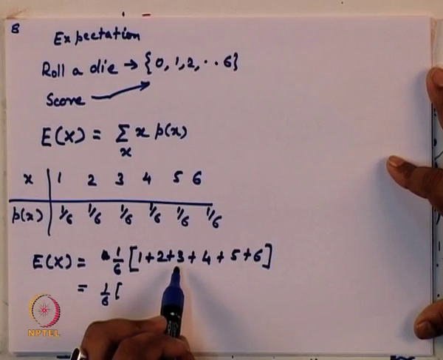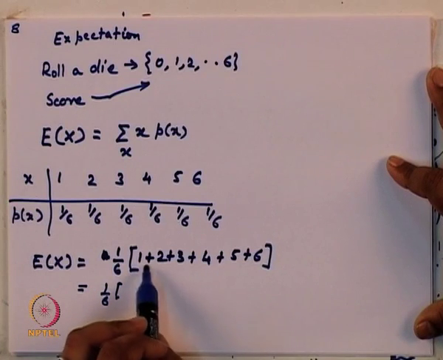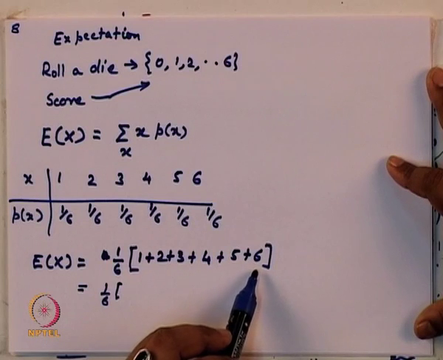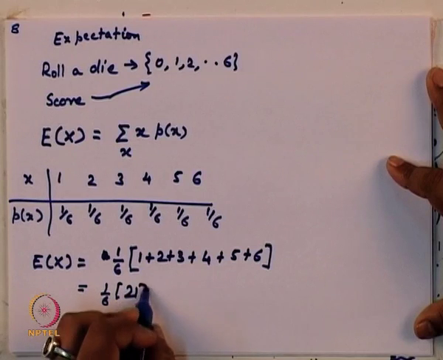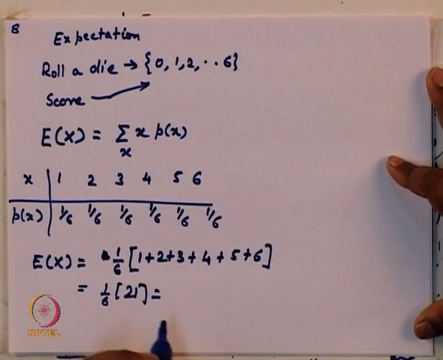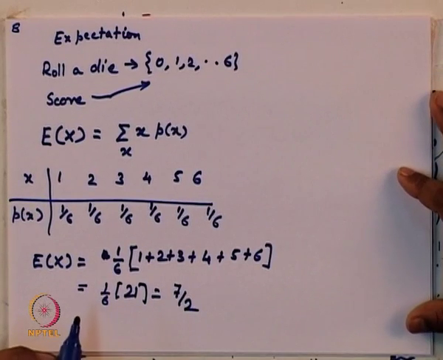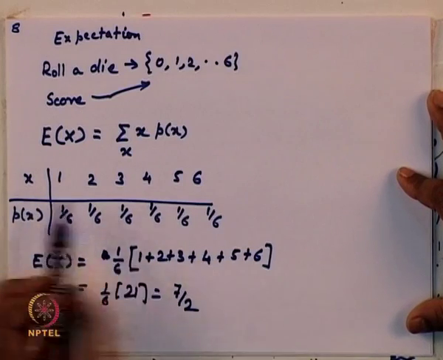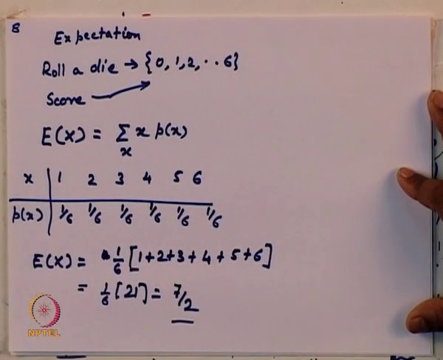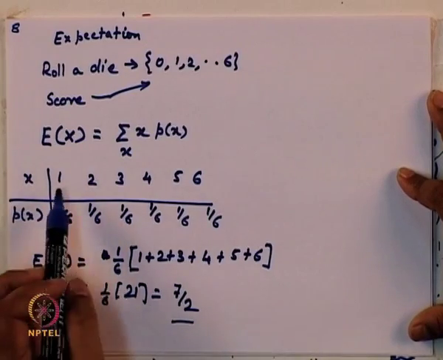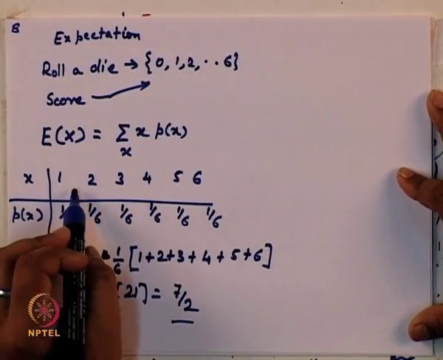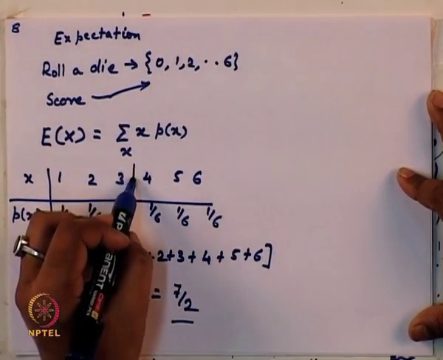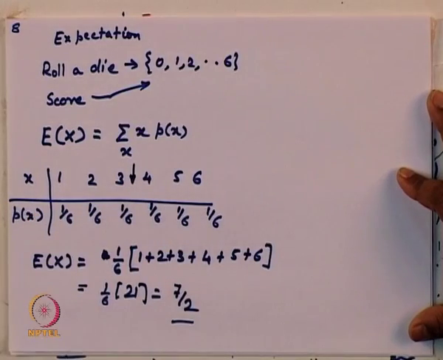I have 3, 6, 6, 12, 16, 21. 21 by 6, I can simplify it, it comes to 7 by 2. So, if you look at your values of x, what is this value 7 by 2? What is the average? On an average, your average of 1, 2, 3, 4, 5, 6 is nothing but 7 by 2.